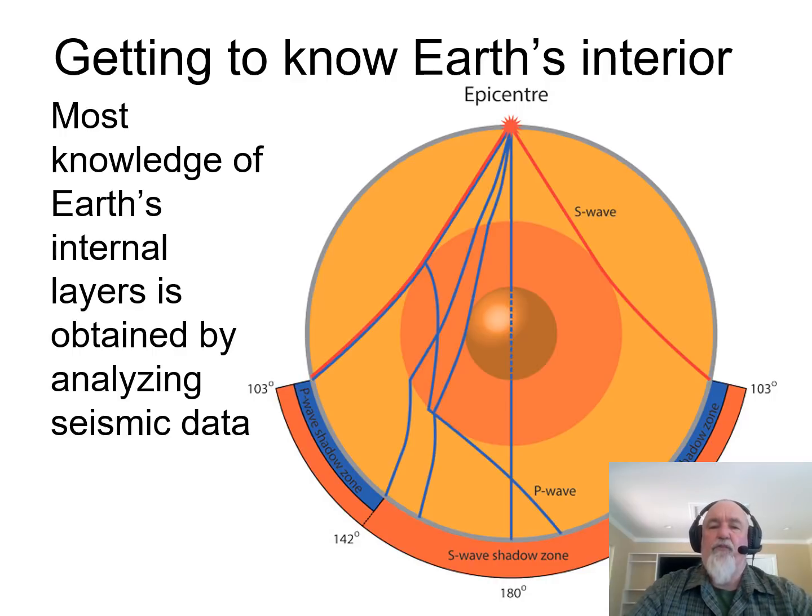Well, the fastest moving waves that would arrive at a receiving station with a seismograph on the other side of the planet, the first waves to arrive would be primary waves. And those are waves that travel like a pulse of energy. So if you look at this way, poof, poof, poof, a pulse of energy going through the earth.